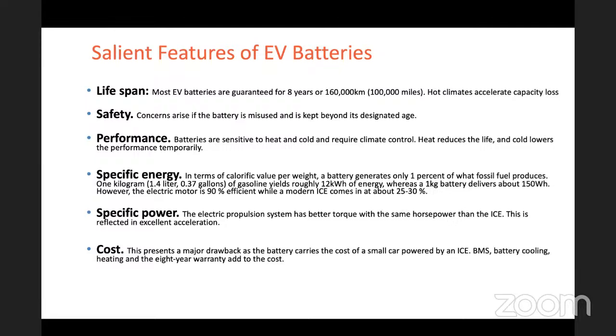And the cost. The cost right now is a serious concern. As you all know, the cost of batteries is equivalent to a small IC engine car's price. So these are some of the concerns and features of EV batteries.